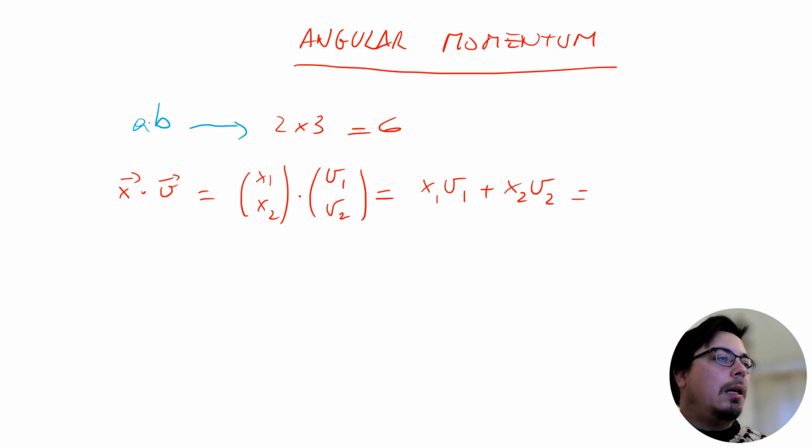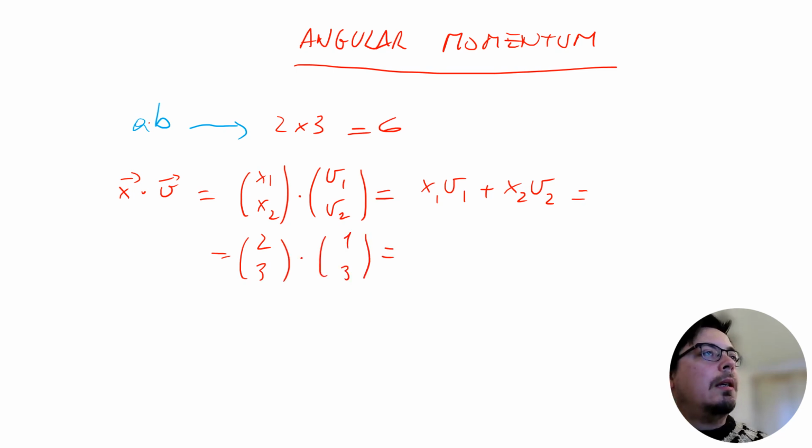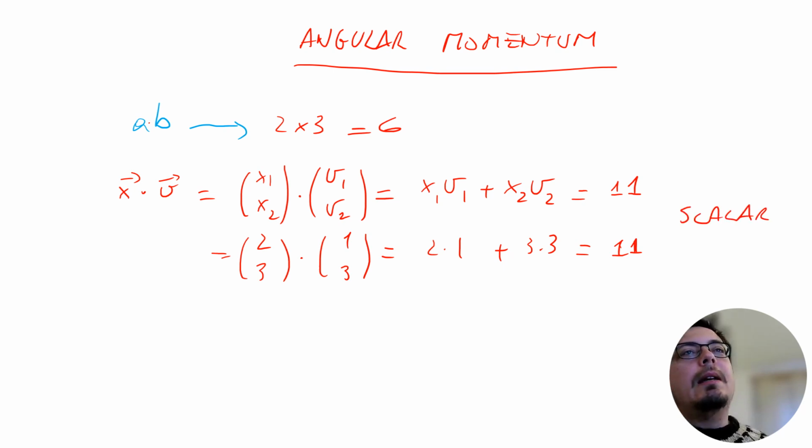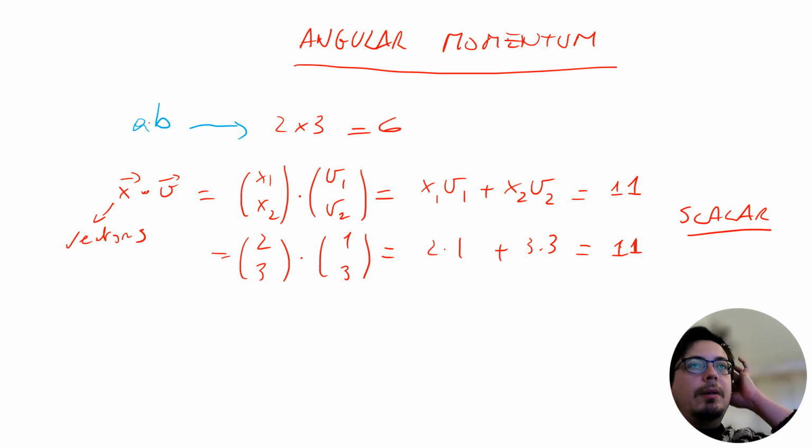If we put coordinates like 2, 3 times 1, 3, hope I don't make a mistake, it's 2 times 1 plus 3 times 3, which is 2 plus 9. It's 11. So this is 11 in this case, and this is called scalar, because a scalar is a number. This is two vectors, and this dot product, scalar product, turns vectors into numbers, vectors into scalars.